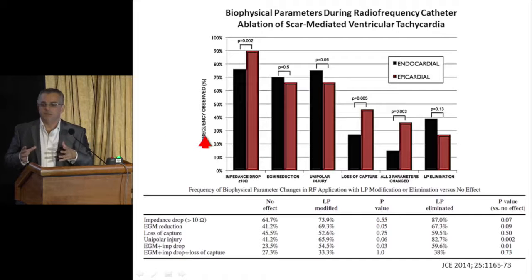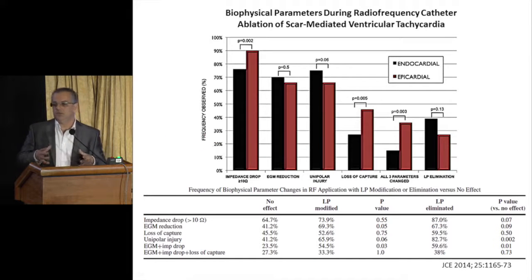The problem is that when we see what we do in our patients, it doesn't work like that most of the time. So when you try to eliminate the late potentials, or when you take different criteria to assume that you had a good ablation there, what you typically see is a very disappointing result.